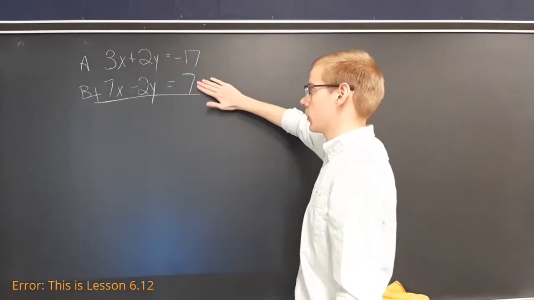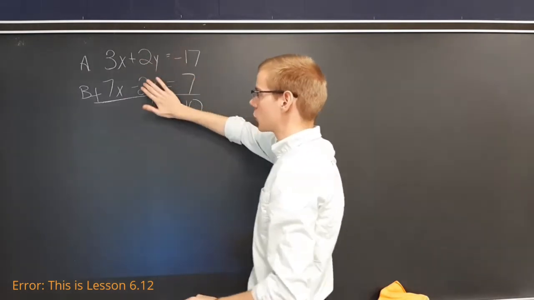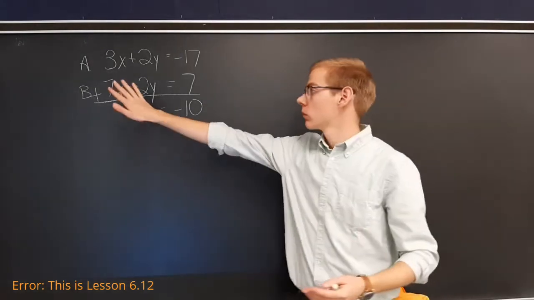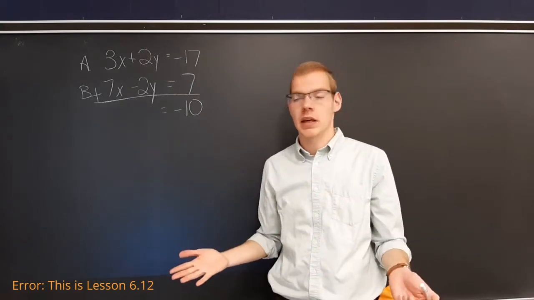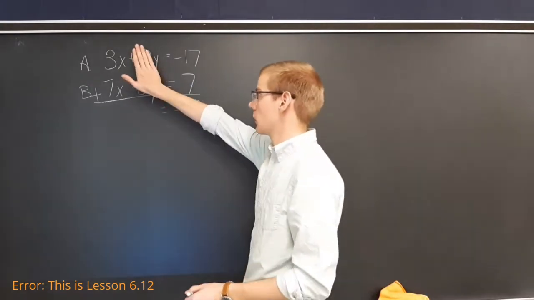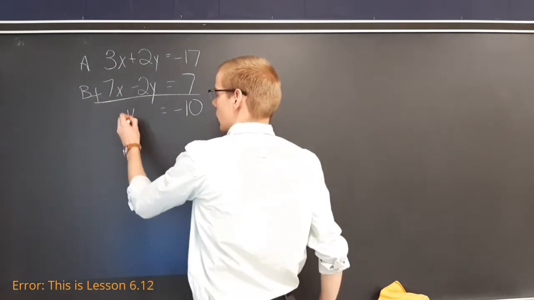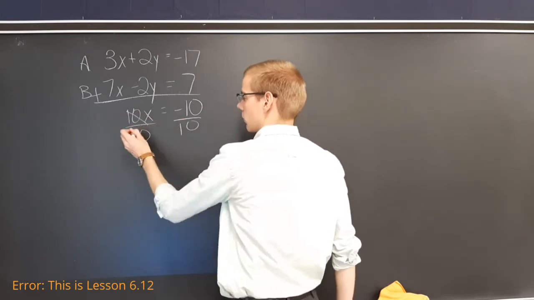Negative 17 plus 7 is negative 10. And then these two cross each other out. It doesn't matter if the x is the same with an opposite symbol or it's the y. It's just one of them has to be. So eliminate these two. Then 3 plus 7 is a positive 10x. Divide both sides by 10.